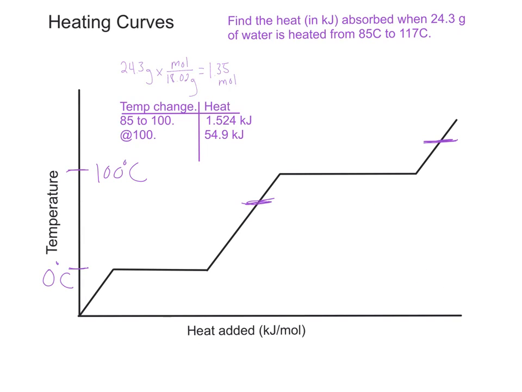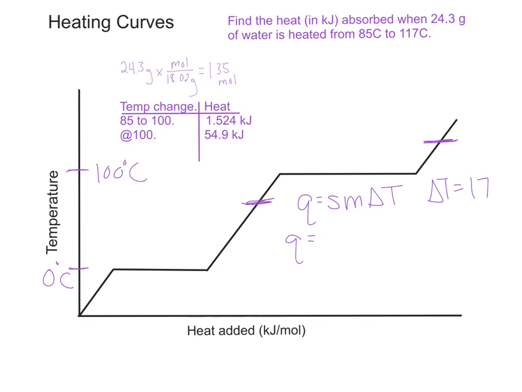So the last part of this problem is just figuring out how much heat needs to be added to the 24.3 grams of water in order to get at this last 17 degrees up in the vapor stage. Okay, so we utilize the same equation that we did before with the Q equals SM delta T, where our delta T is equal to 17, all right?